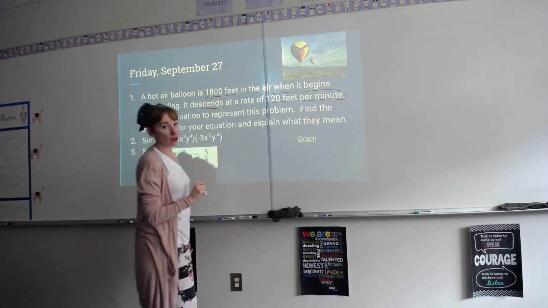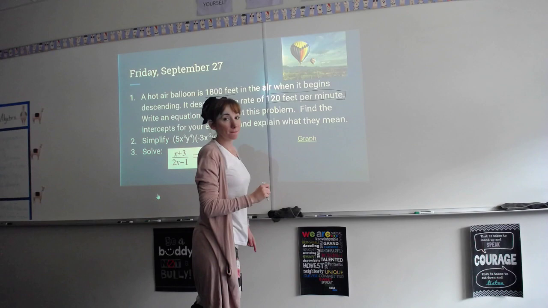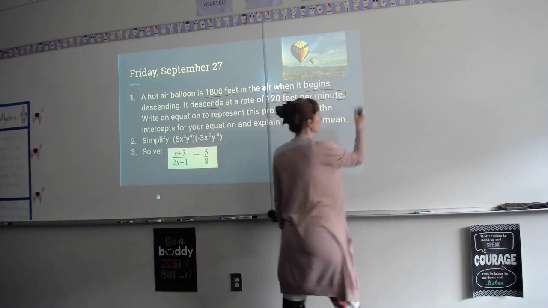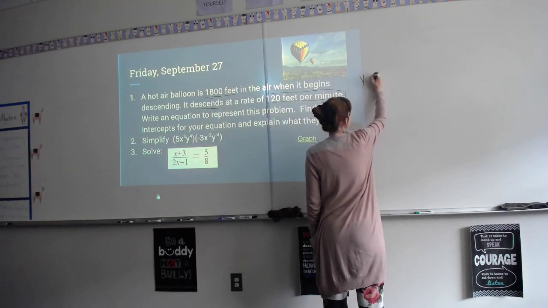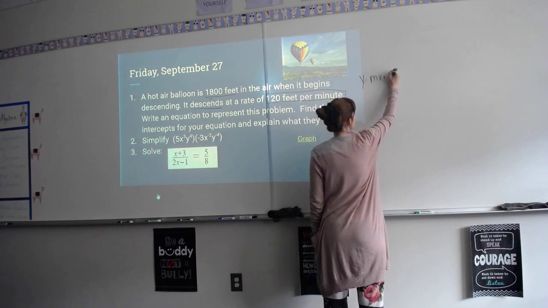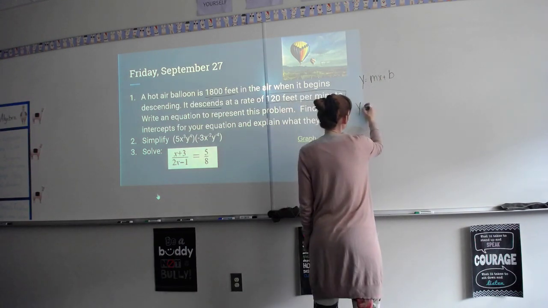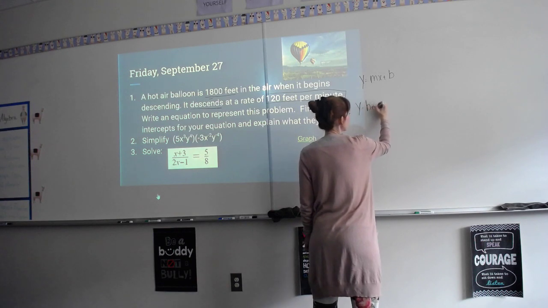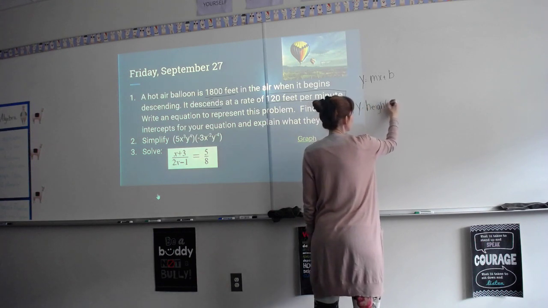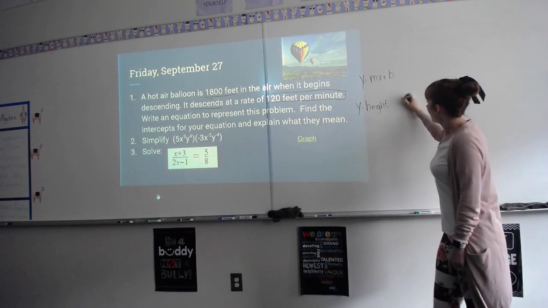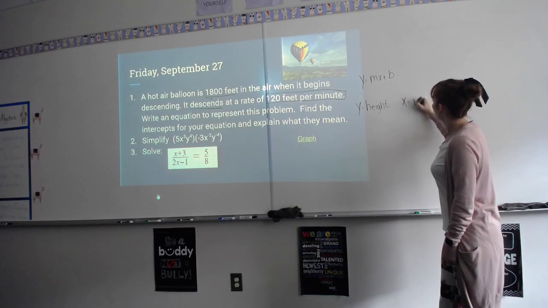and we're not given any variables, so we're going to make up our own. And I like to stick with y equals mx plus b. So we're going to make y equal our height, and then x is going to equal our minutes.